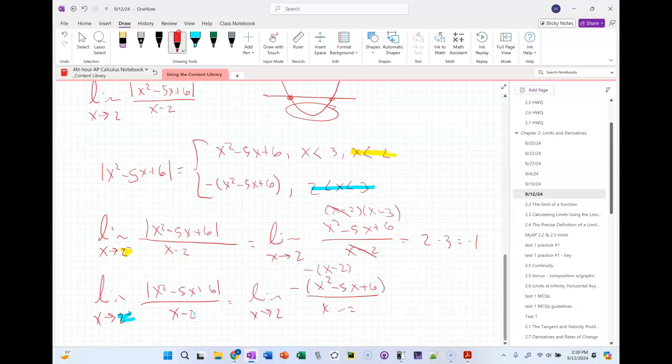So again, we factor and reduce. And again, not equal.